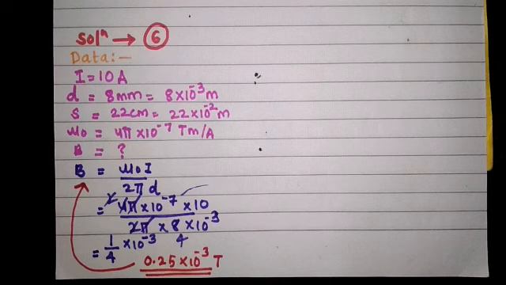So here we have obtained the magnitude of the magnetic field due to current in wire 2 on the section AB of wire 1. Fine. Now we also have to obtain the direction of this magnetic field.